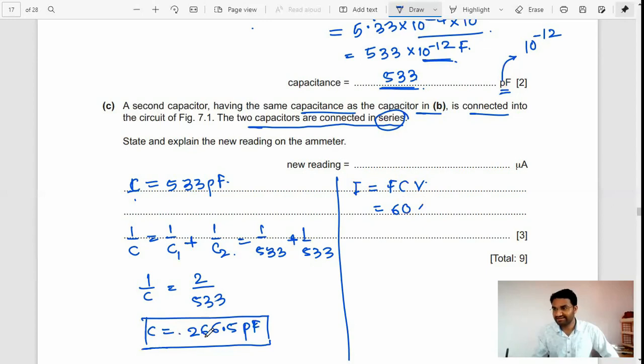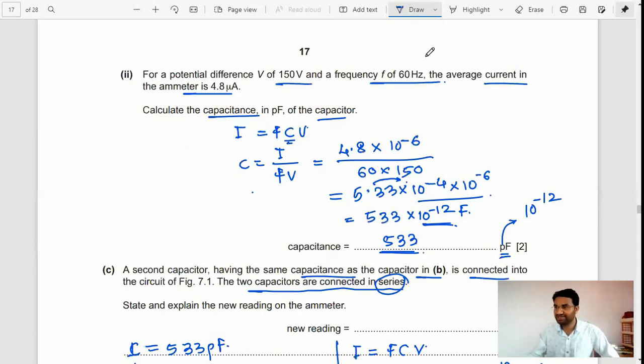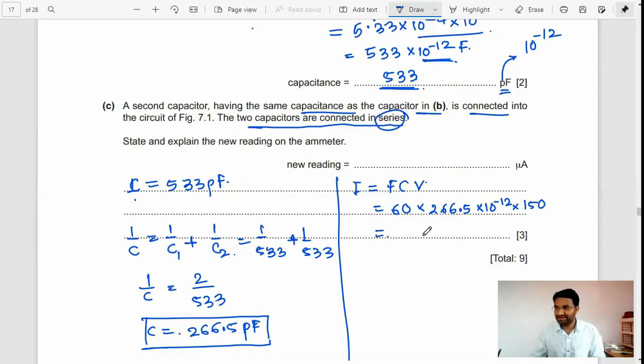And C is 266.5 picofarad, times 10 raised to negative 12, times 150 volt, which is given in the earlier question. So when you solve this whole thing, you have to put this answer in microampere, because they already said here you have to put this into microampere, right?